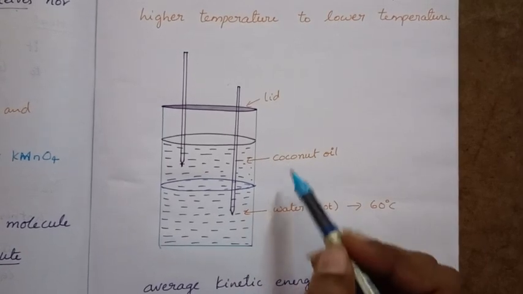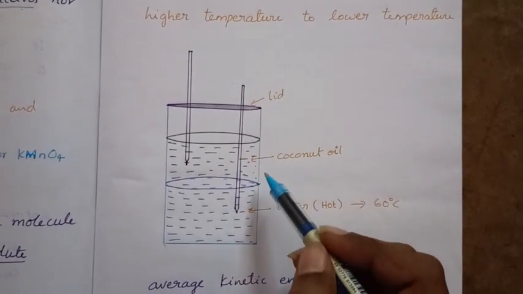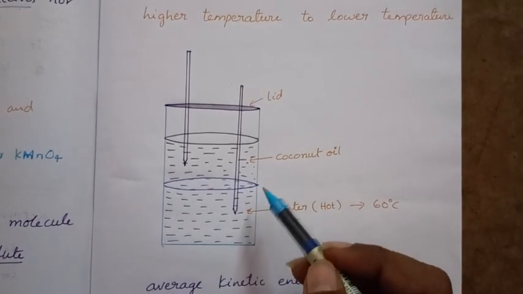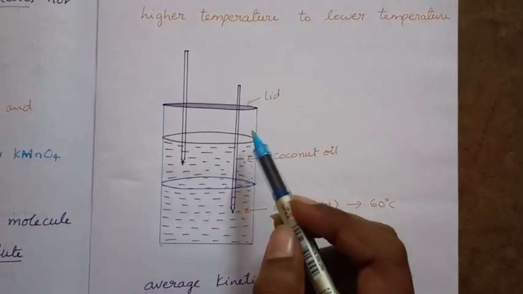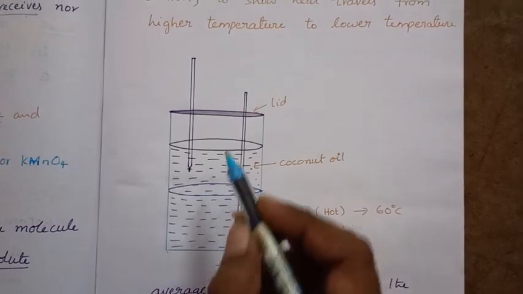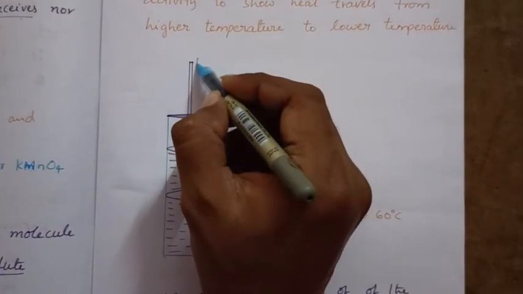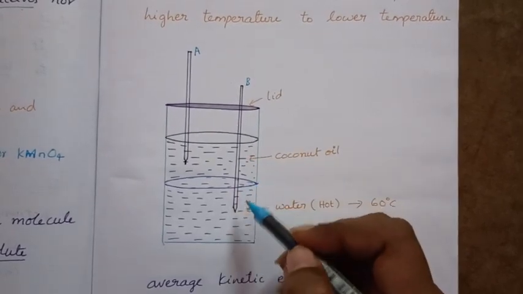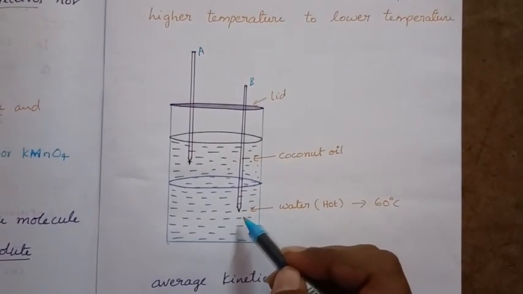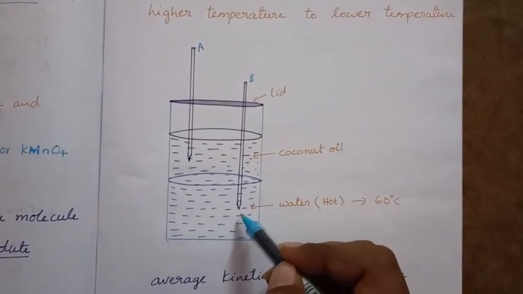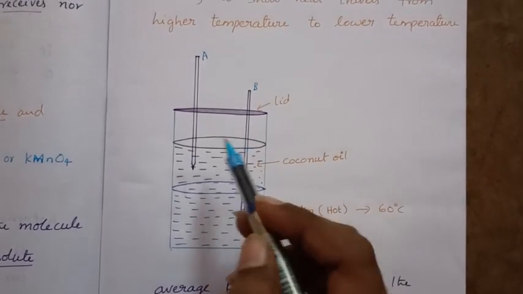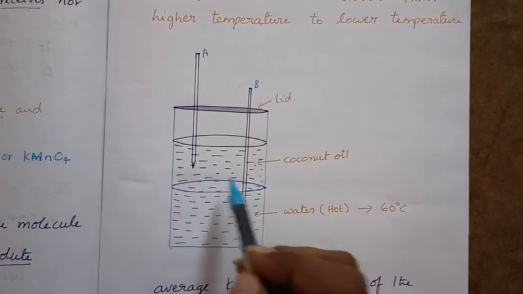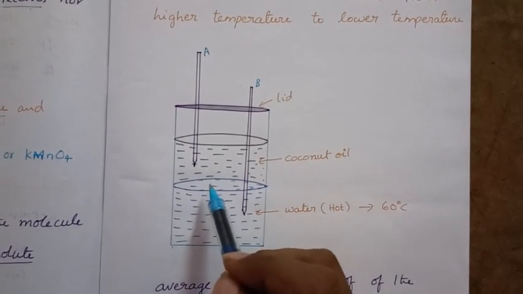Generally, coconut oil and water will not mix. Coconut oil will be on top of the water. And we should take 2 thermometers, named A and B. The mercury bulb of one should be immersed in water and the other should be immersed in coconut oil, and make sure that these two do not touch.